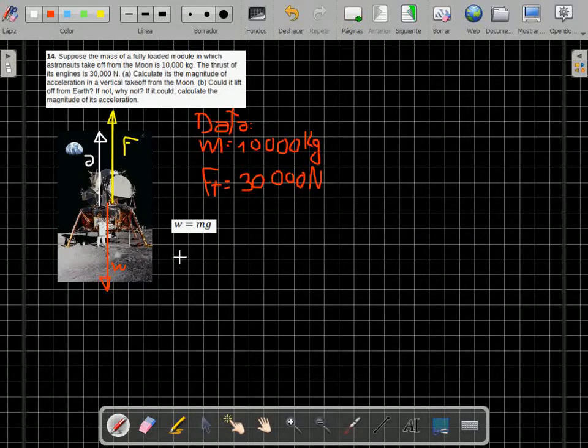And let's see, the weight of the module on the moon is going to be the mass of the module, which is 10,000 kilograms. By the way, I wanted to put here Ft for force of the thrust. Alright, so forgive me about that. Okay, we have 10,000 kilograms multiplied by the value of the gravity on the moon, which is equal to 1.62 meters per squared seconds.